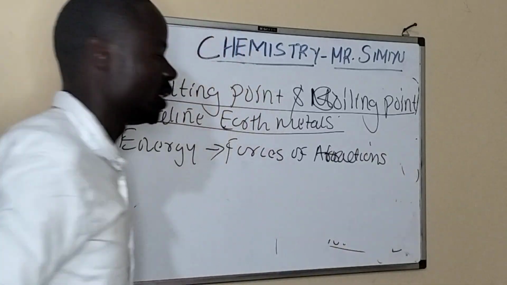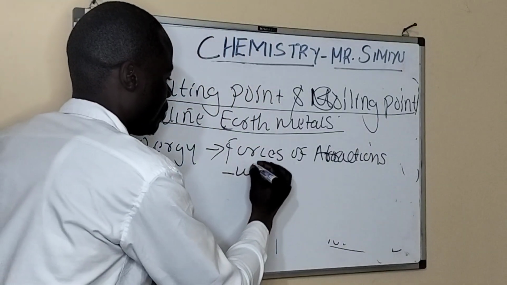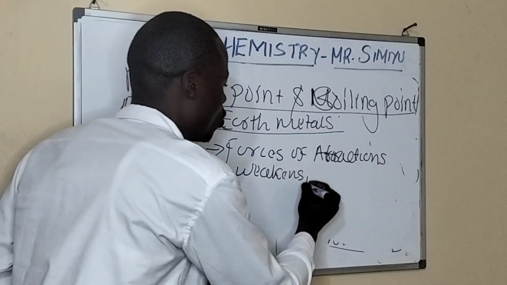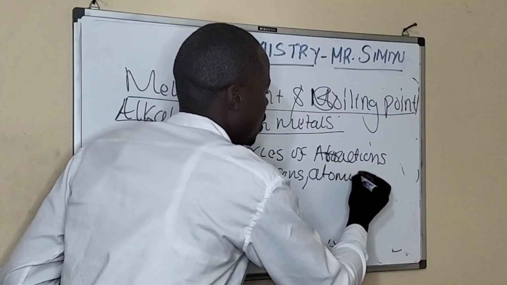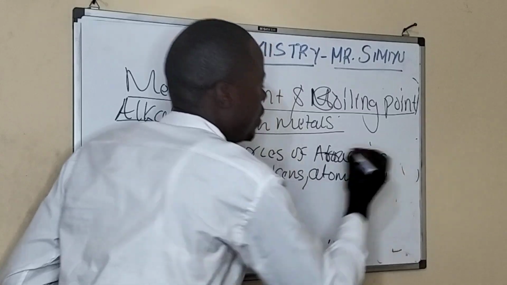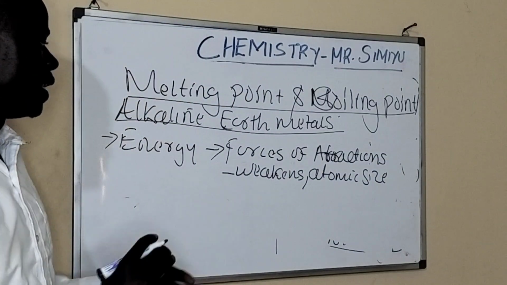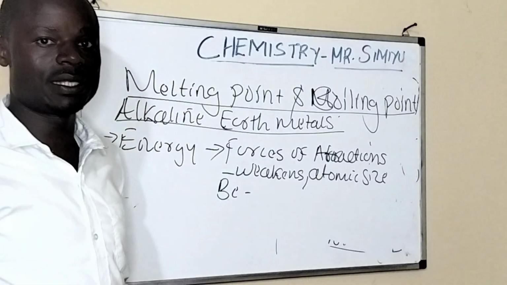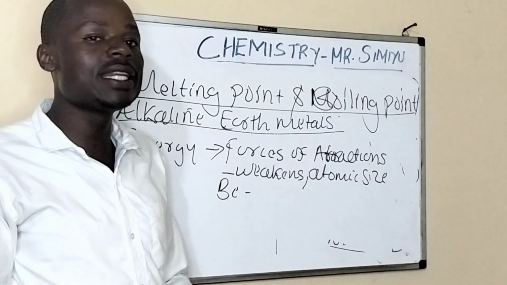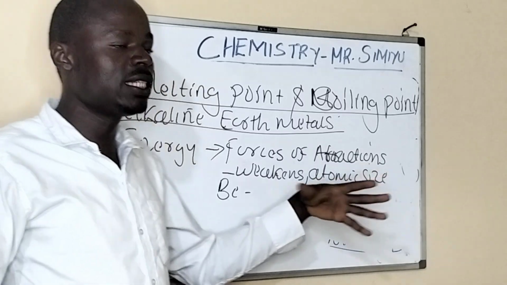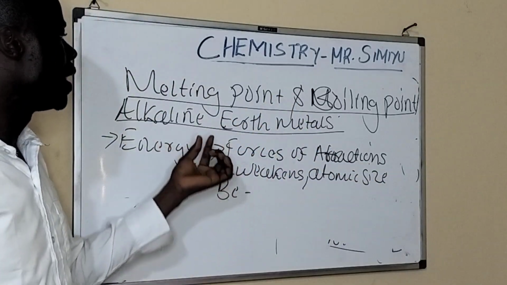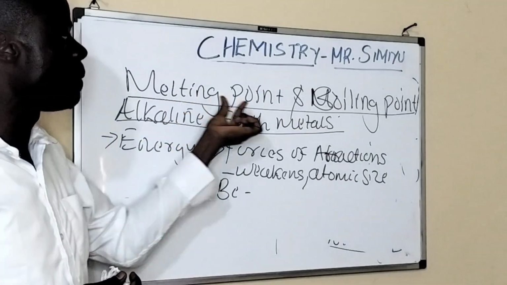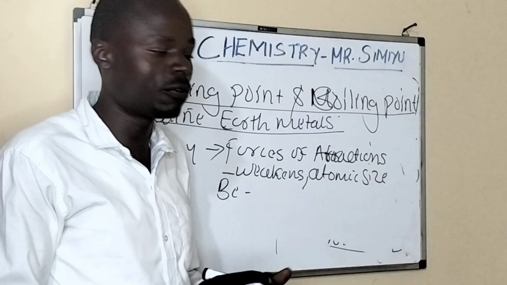So you'll find that beryllium has a smaller atomic size, and a smaller atomic size increases the forces of attraction. As it increases the forces of attraction, to break those molecules we use a lot of energy. So it raises the melting point and the boiling point of beryllium.